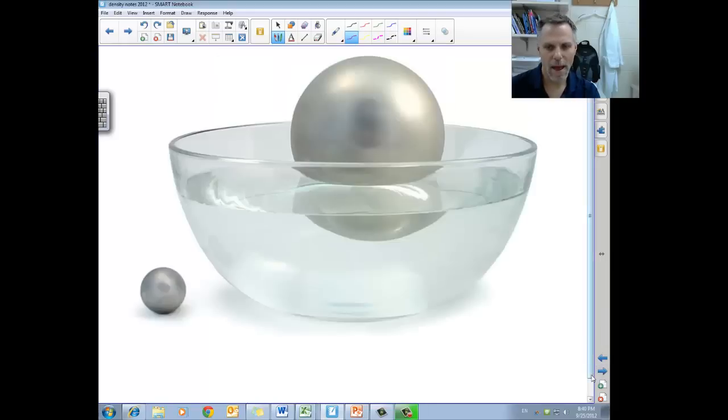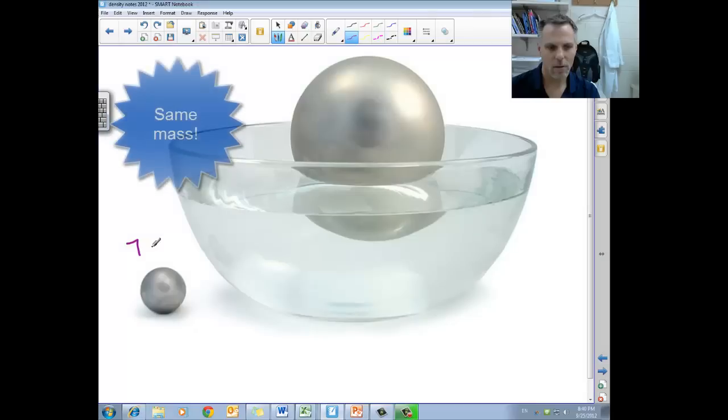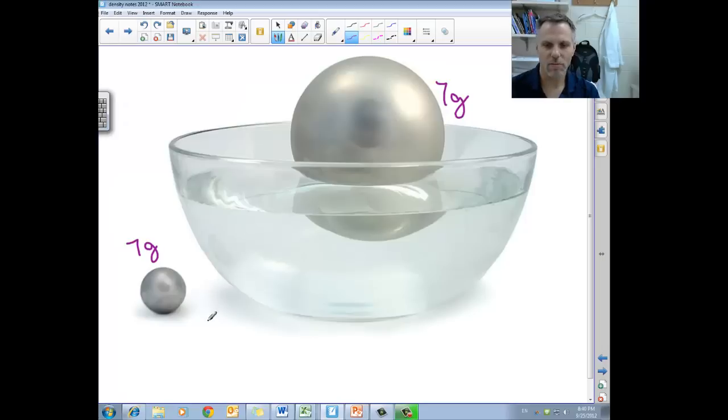Here's two masses of aluminum, exactly the same mass. This mass over here is 7 grams, and this mass over here is 7 grams. Now, it doesn't matter that these have the same mass. Notice their volumes are different, so their densities are different.